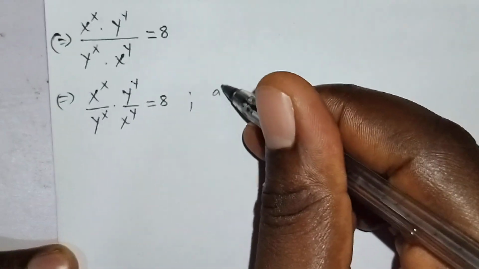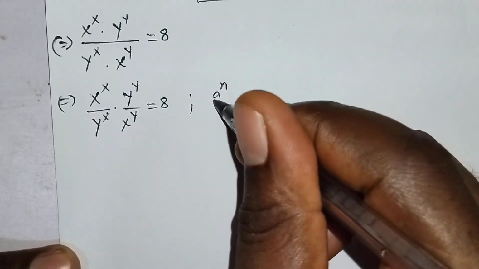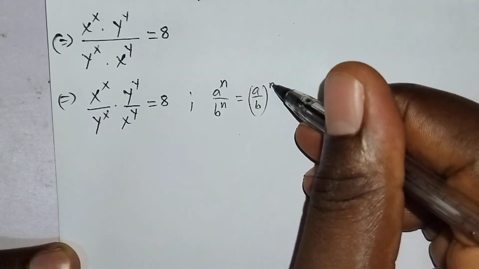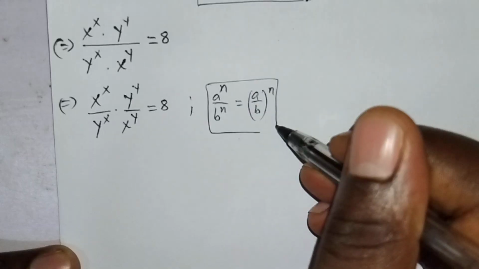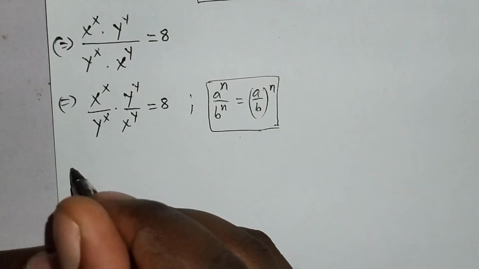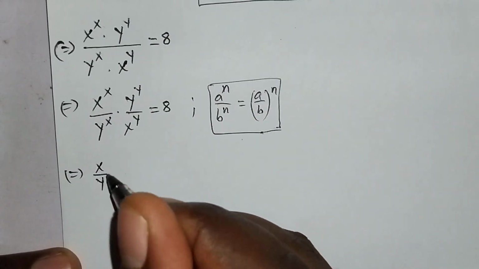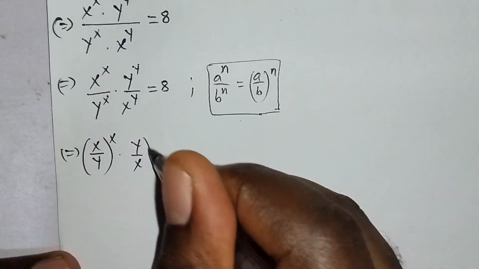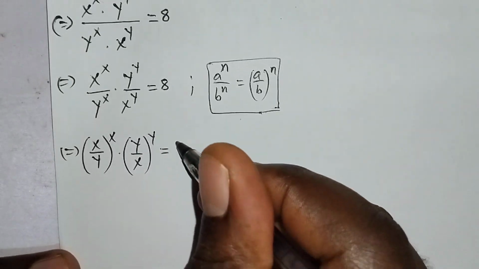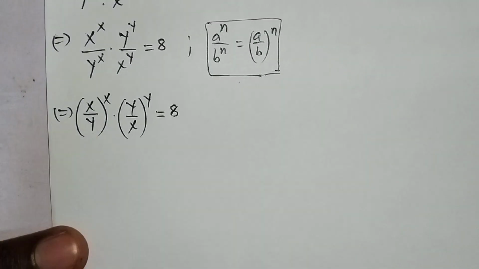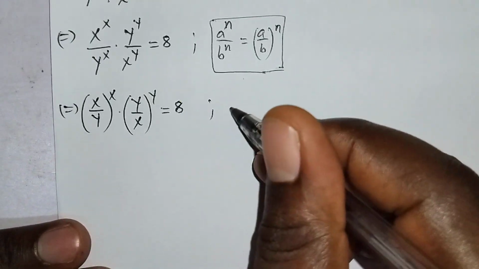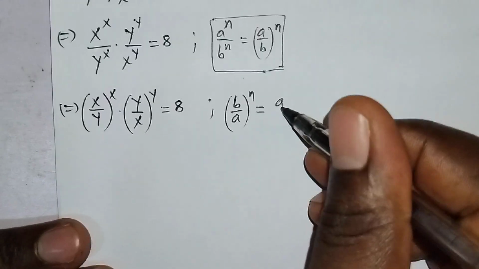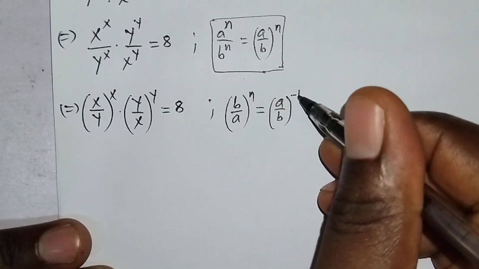From here, when you have a power n over b power n, it is equal to a over b all power n. So it is x over y power x times y over x power y, which is equal to 8. And here, when you have b over a power n, it is equal to a over b power negative n.